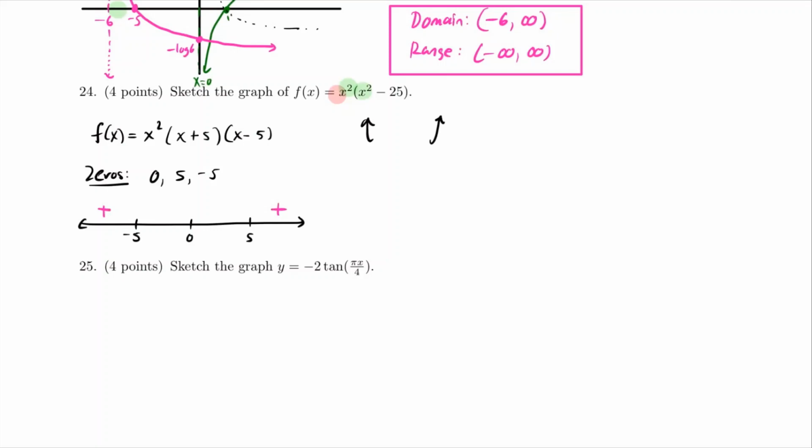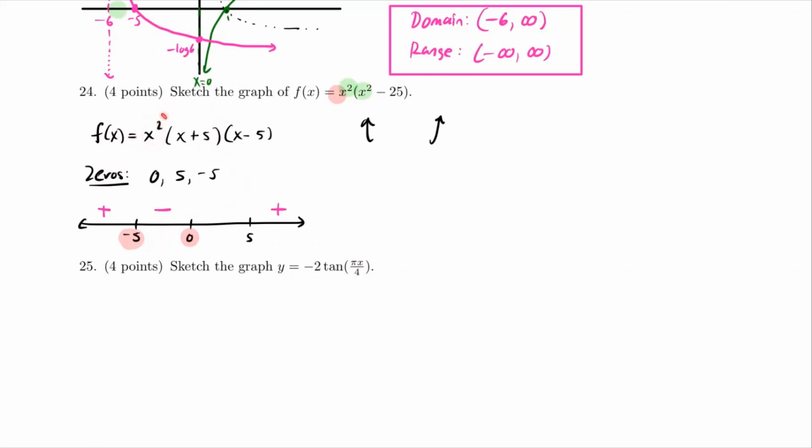Now let's use the multiplicity to figure out what goes in between. So negative 5 came from this factor right here. The multiplicity is 1, odd, so it's going to alternate. So this is negative. Now 0 came from this factor right here.